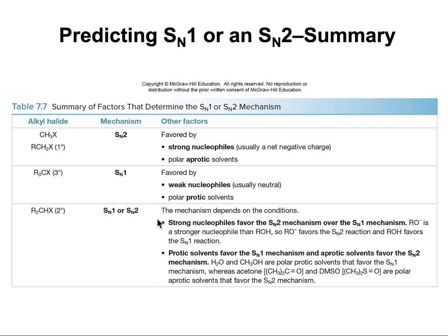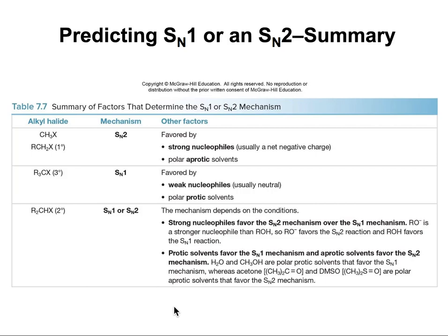If we have strong nucleophiles, the reaction will go through Sn2, and when we have weak nucleophiles, the reaction will go through Sn1. And remember that the solvent characteristics that we defined still stand for this situation. A polar protic solvent will favor Sn1 and a polar aprotic solvent will favor Sn2.